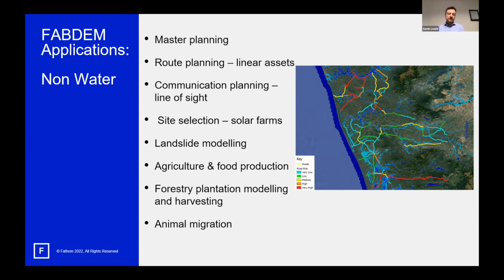Another consideration that we've been engaged in is around landslide modelling, understanding the typical locations or areas that may be susceptible to landslide, and helping model that and determine which are the most susceptible locations. And then we start getting into things like agriculture and food production, again, where terrain and looking at height and the changing terrain over different areas, different fields, and particularly in relation to perhaps different crops and their suitability for different regions is important.